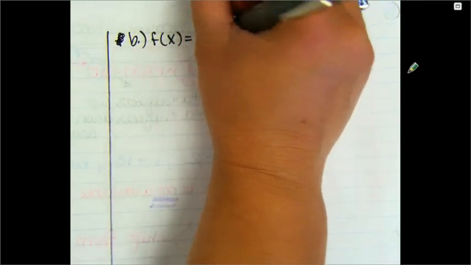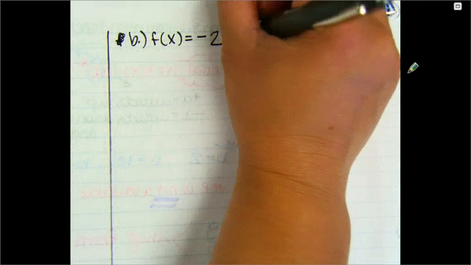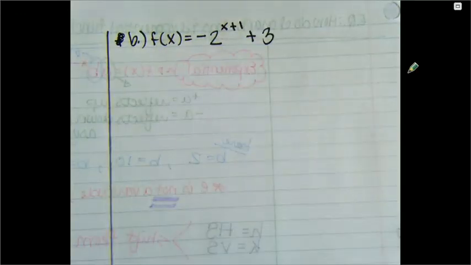Letter B. F of x equals negative 2 to the x plus 1 plus 3. Write down all key information you need.